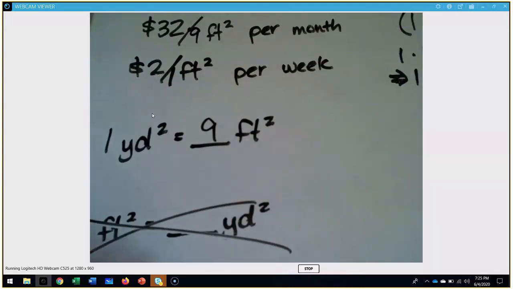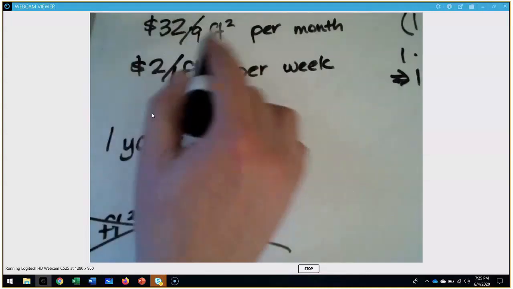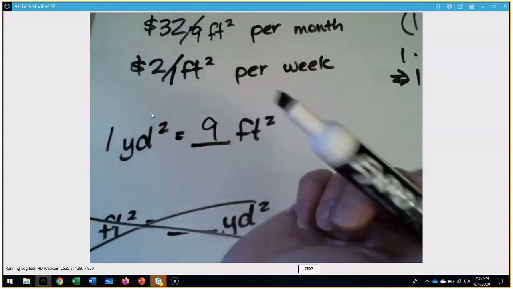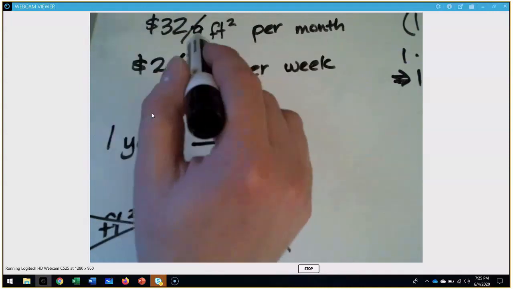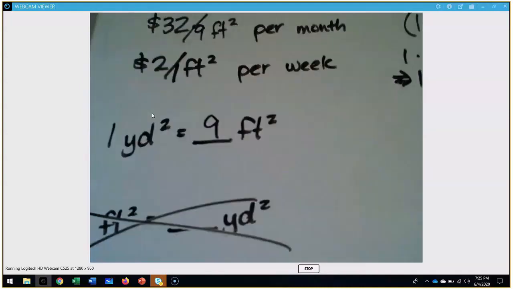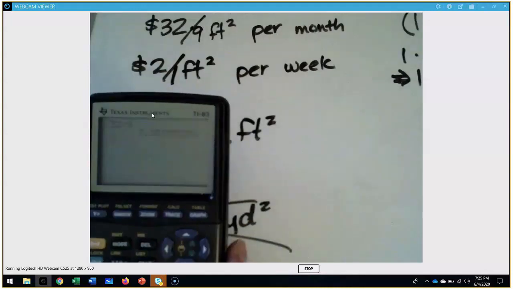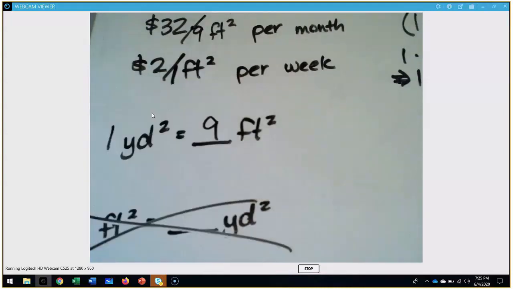So my last step for this, and then we'll deal with the time, is I'm going to divide this, just like the previous question, and change it to a unit rate. So $32 divided by 9 is about $3.56.